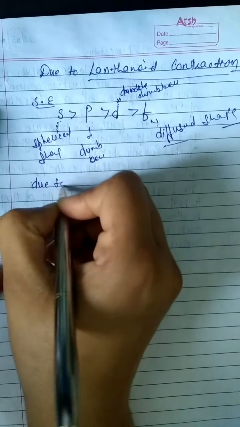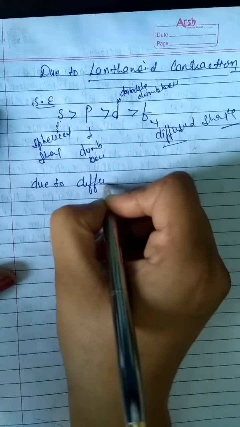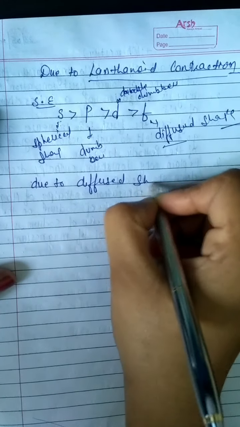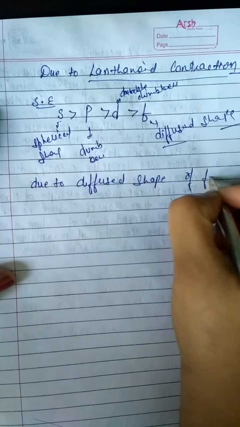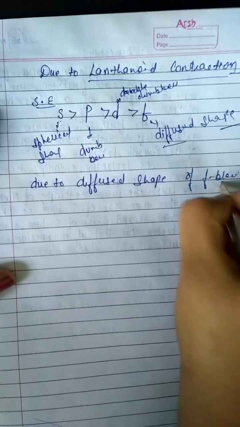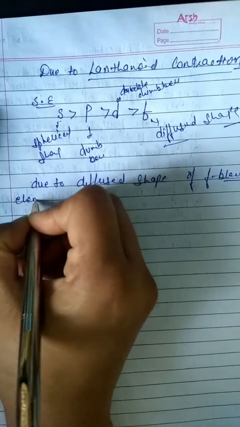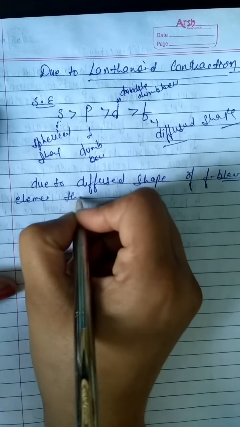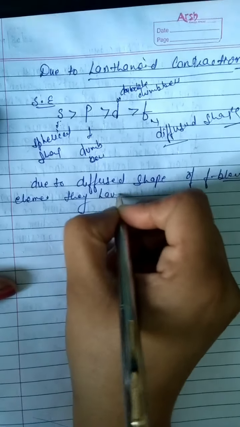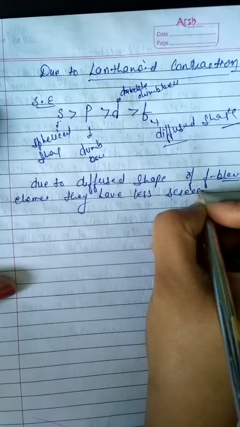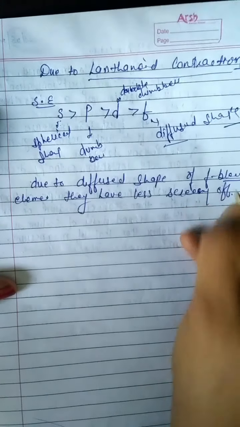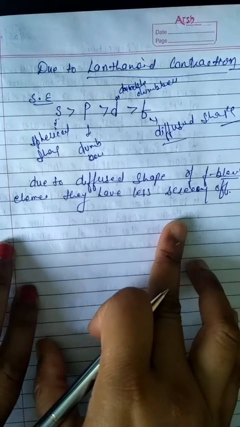So due to the diffused shape of F block elements, they have a less screening effect.